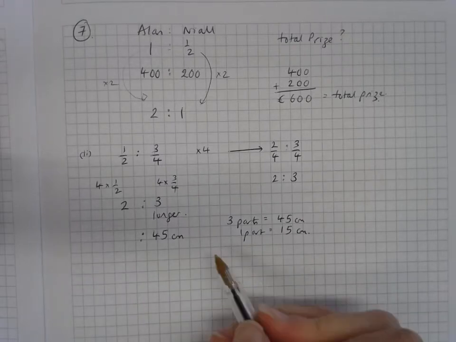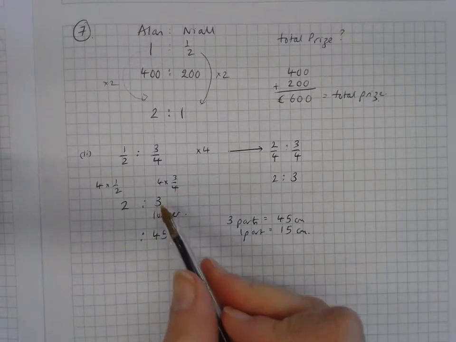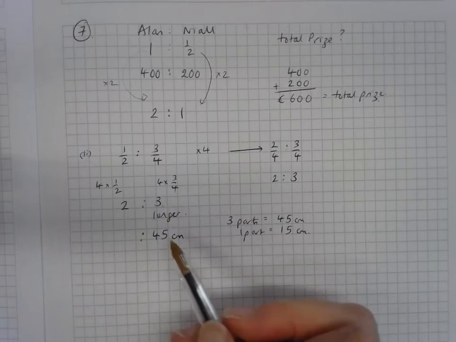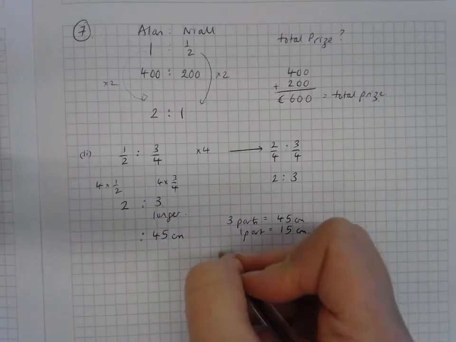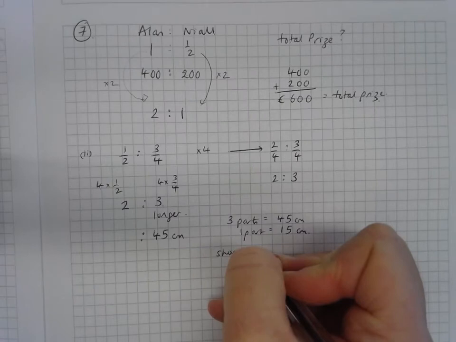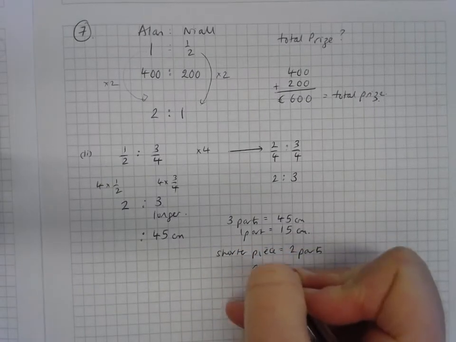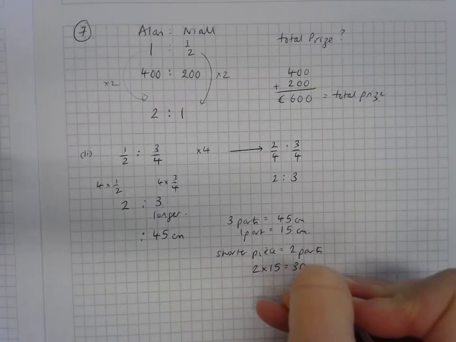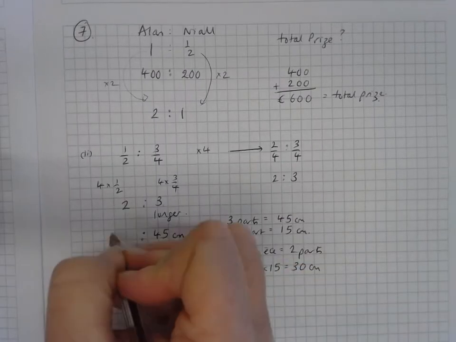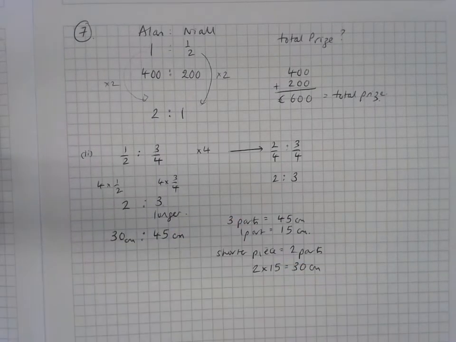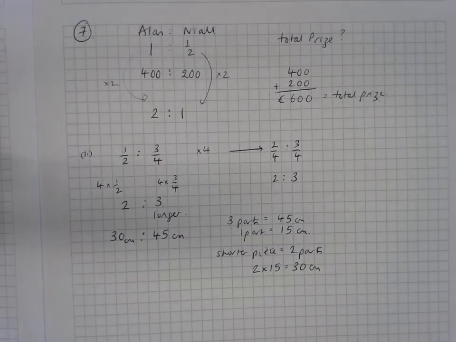So this piece of pipe was 3 parts, it was 45. This piece of pipe is 2 parts, so the shorter piece is 2 parts. So it's going to be 2 by 15, which is 30 centimeters. Any questions at this stage?